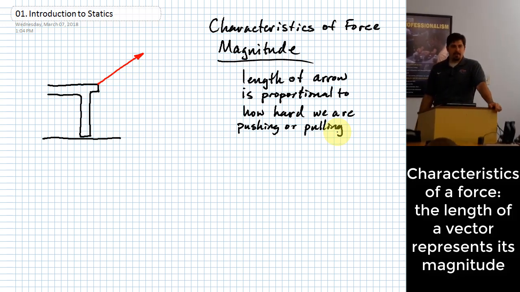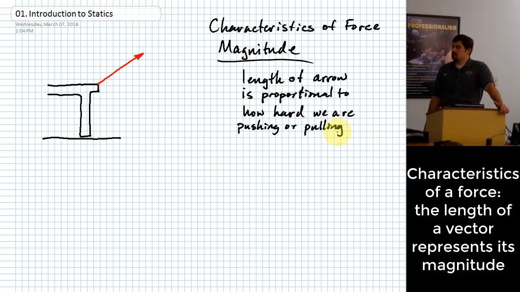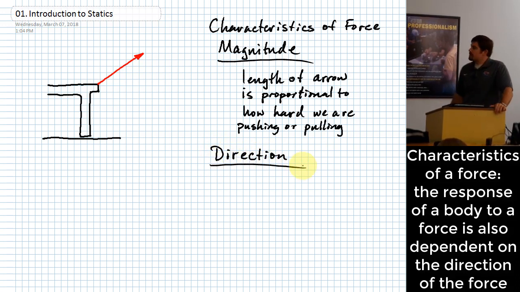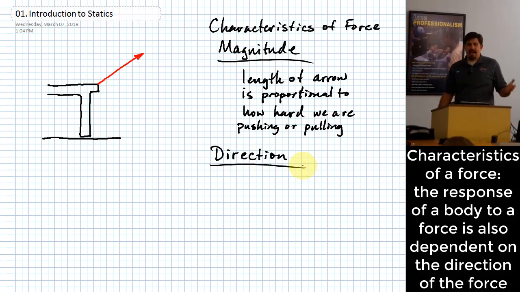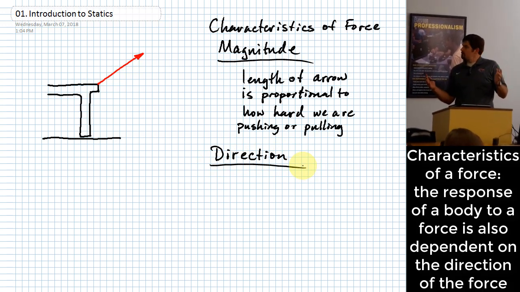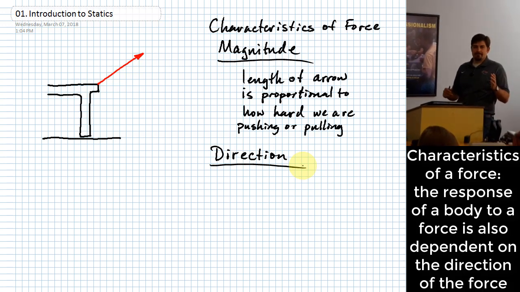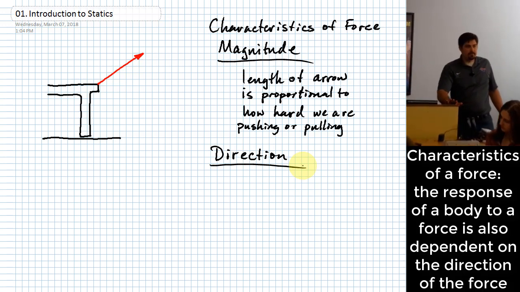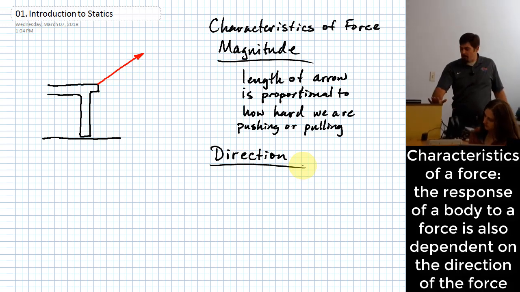What's another characteristic? Direction. Another characteristic is the direction. Well, what does that mean? Let's say I'm pushing on my podium. Is the podium going to respond the same way?